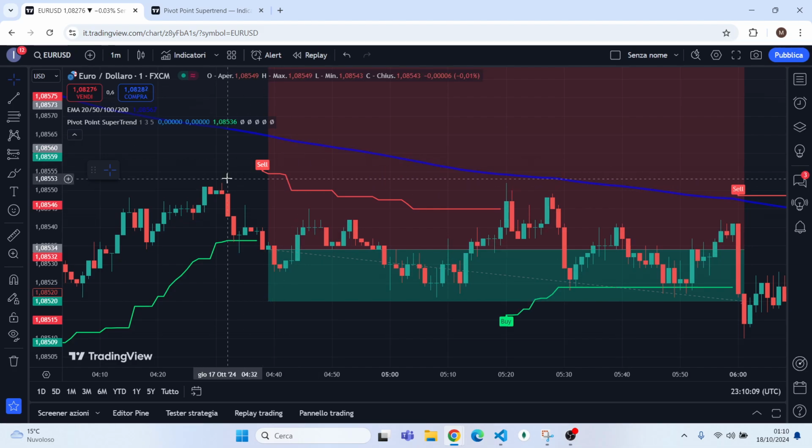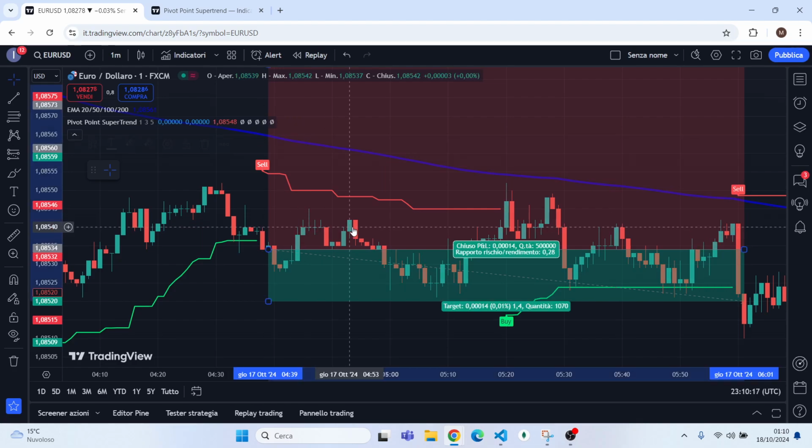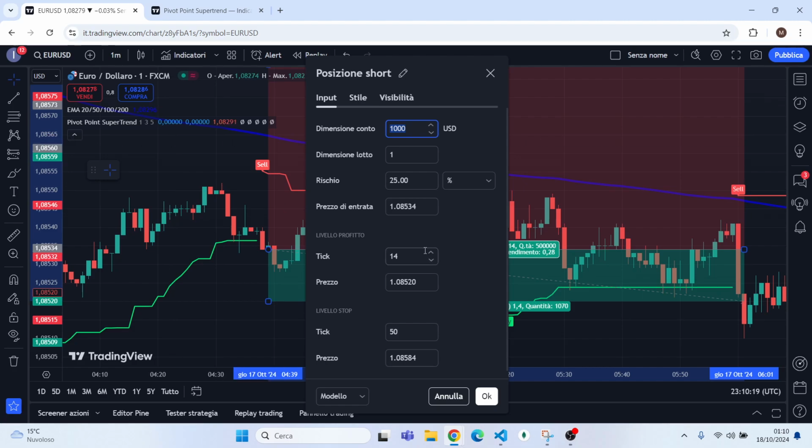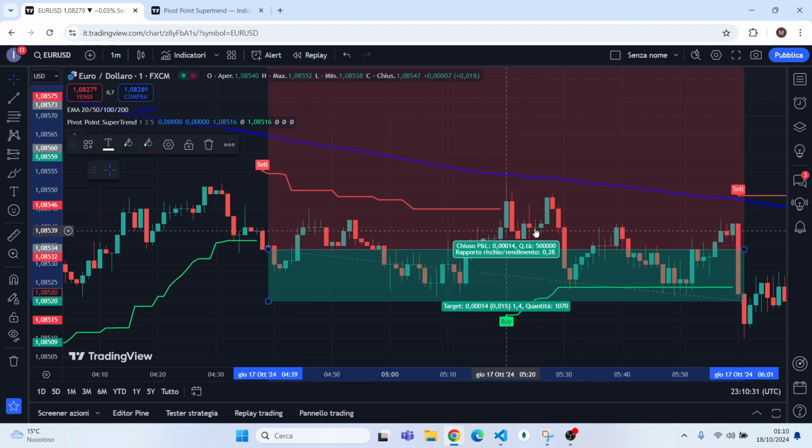So you can take a short position if you can see a sell signal and the price is below EMA 200. You will set a fixed stop loss of 5 pips and a take profit of 1.4 pips. And as you can see, in this case it was a success.